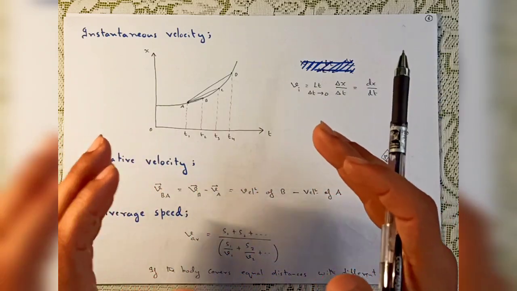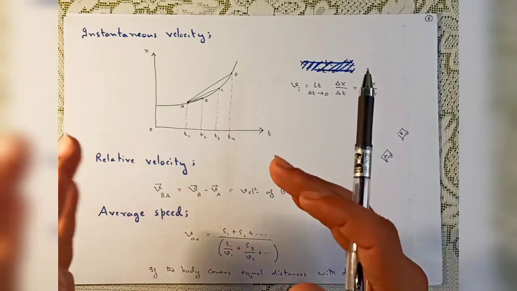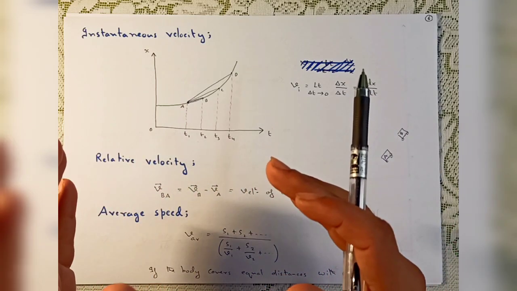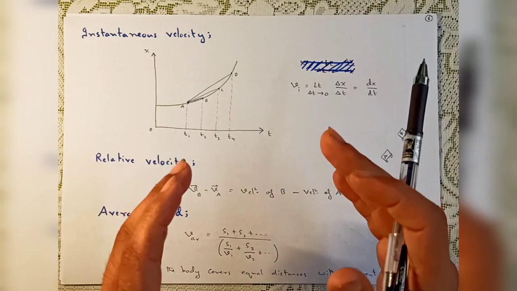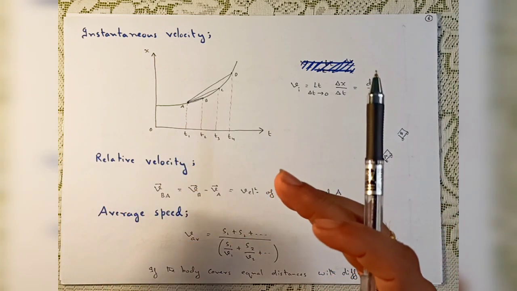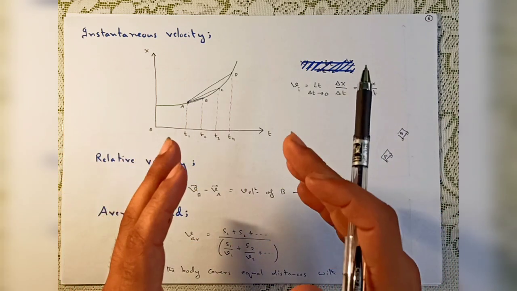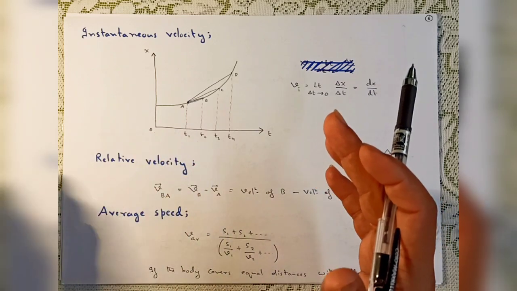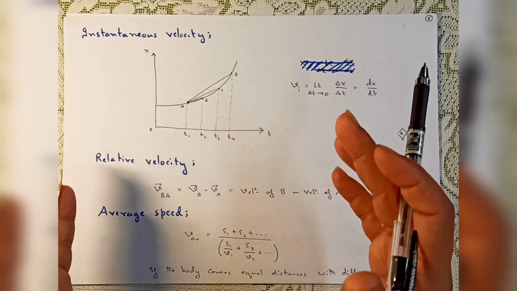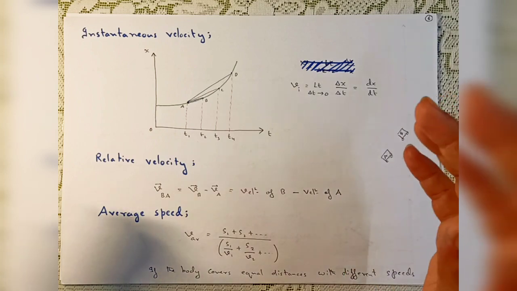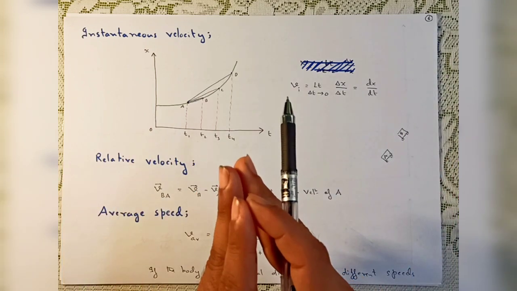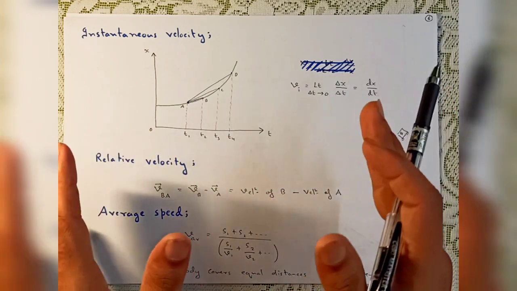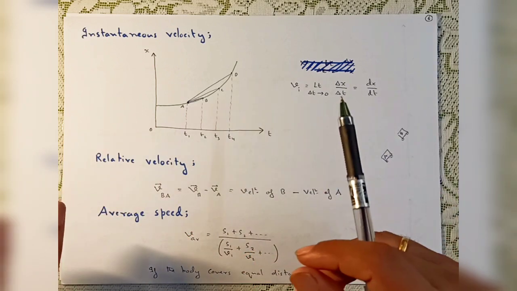For example, you can move from one point to another within 5 minutes, then you move to another point, but not in 5 minutes; now you take a longer time, 7 to 10 minutes. So when you take the average of all the velocities with respect to time, it becomes your average velocity.